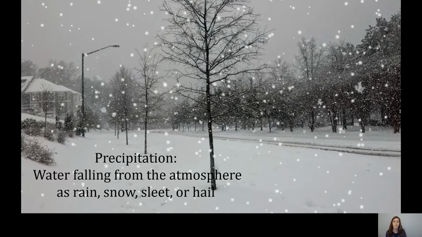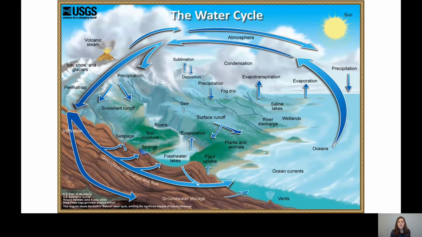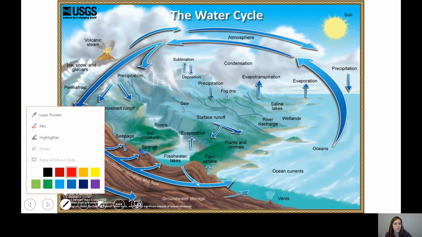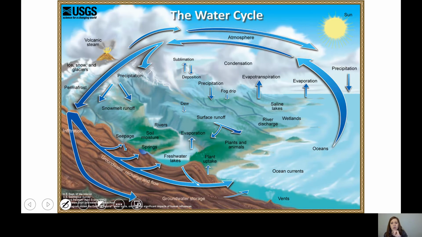Okay, so let's take a look at our diagram here again and look at what we have talked about so far. We have talked about evaporation, right? Evaporation is where liquid water changes into gaseous water.